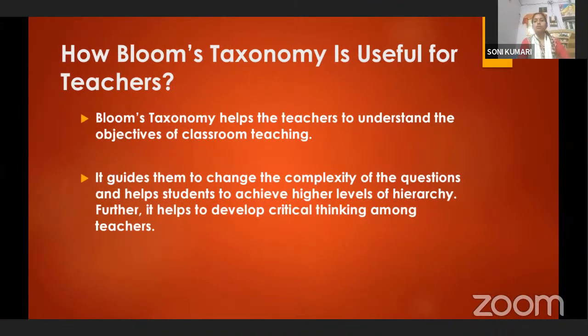It also helps teachers to understand the objectives of classroom teaching. It guides them to change the complexity of the questions and helps a student to achieve a higher level of the hierarchy. Further, it helps to develop critical thinking among teachers.